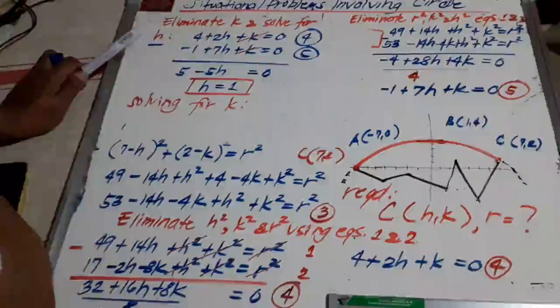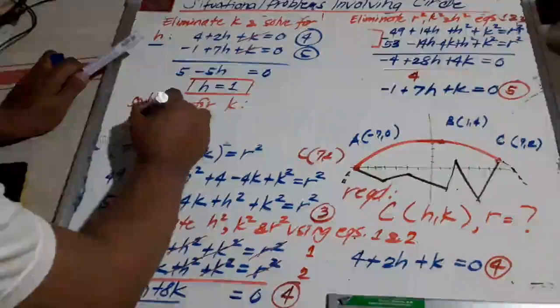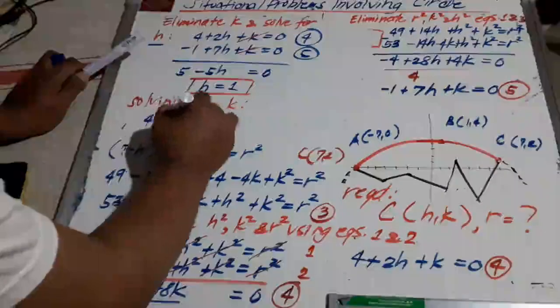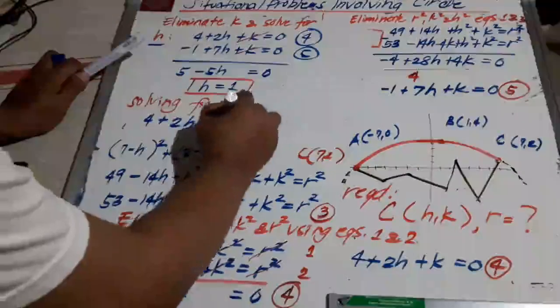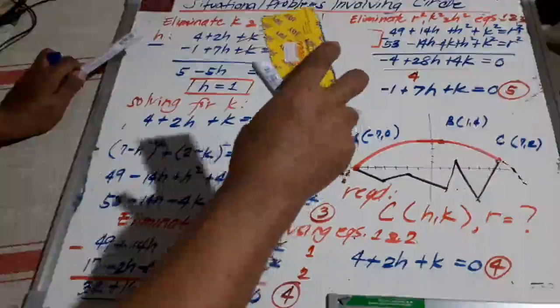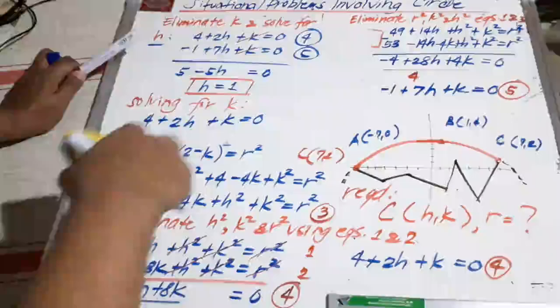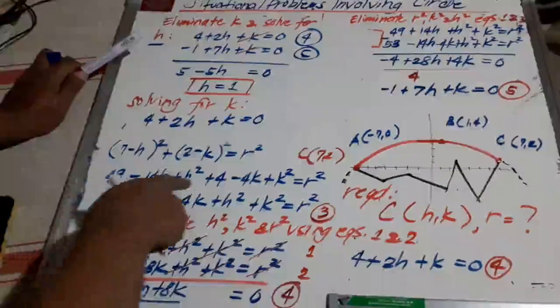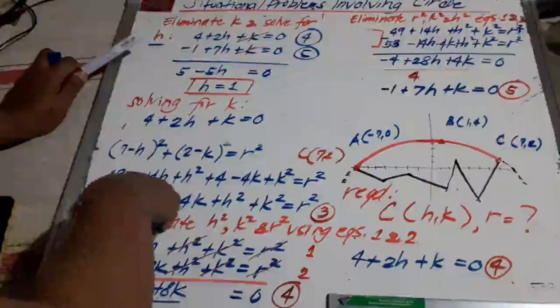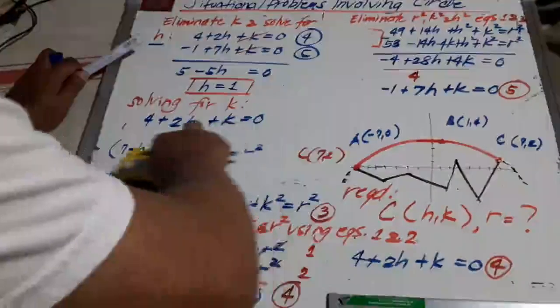Substitute the value of H to equation 4. So, we have 4 plus 2H plus K equals 0. Then, tanggalin ko na yung K. Tira natin yung equation 3. Gagamitin natin mamaya.